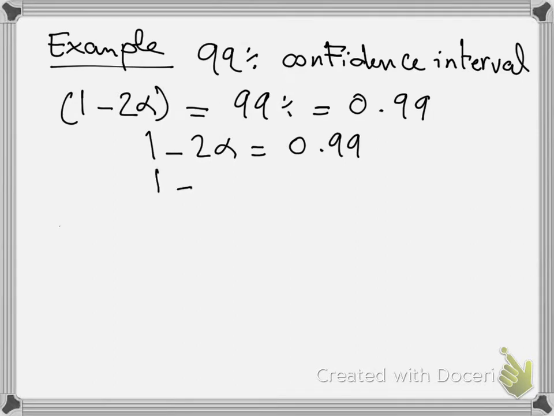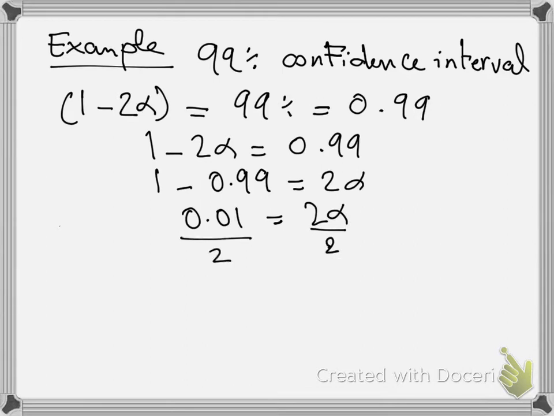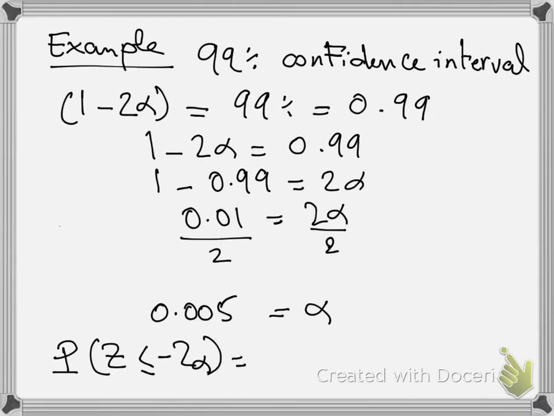So then 1 minus 0.99 is equal to 2 alpha. That's 0.01 equal to 2 alpha. You divide by 2, so alpha is equal to 0.005. That means the probability that Z is less than minus Z alpha is equal to 0.005.